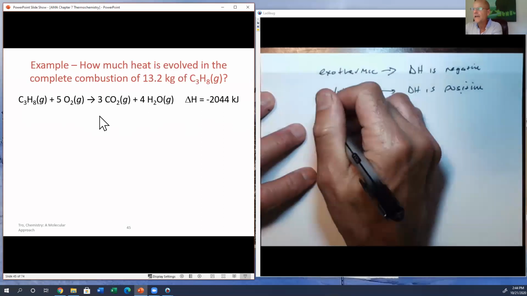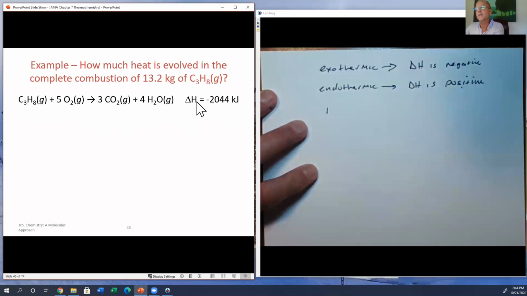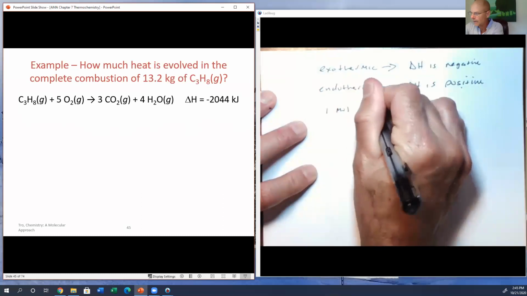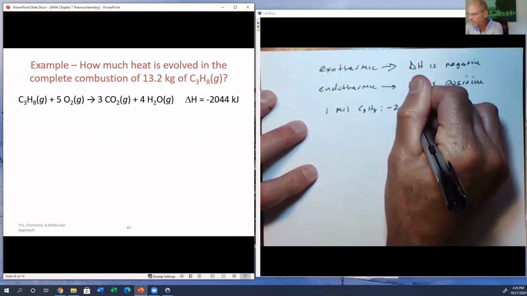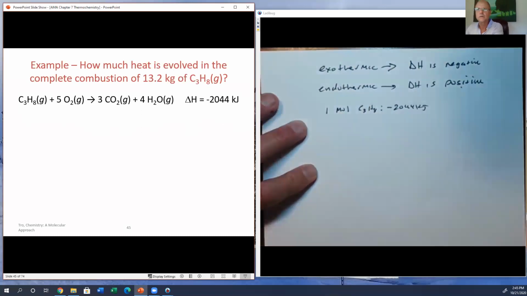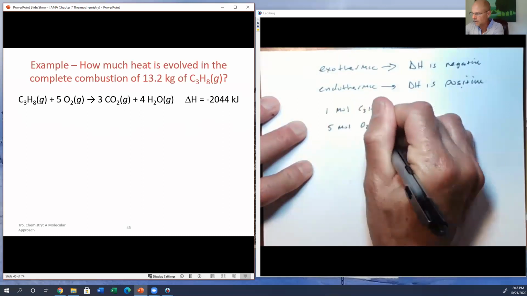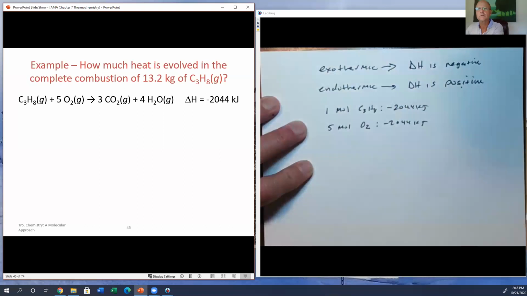So we can say from this equation, from this what's now a thermochemical equation, because it also gives the delta H, that 1 mole of C3H8 corresponds to negative 2044 kilojoules, right? But what if you want to know it with regard to oxygen? Well, then you have 5 moles of oxygen proportional to negative 2044 kilojoules, right?